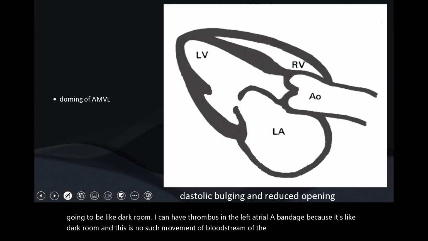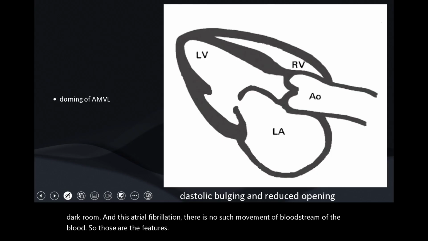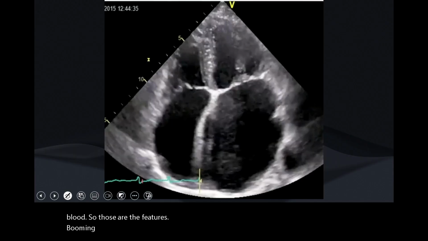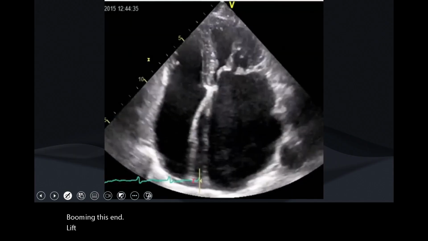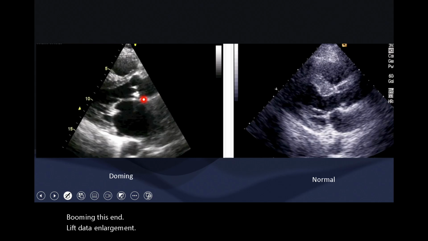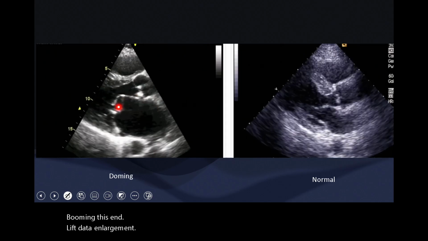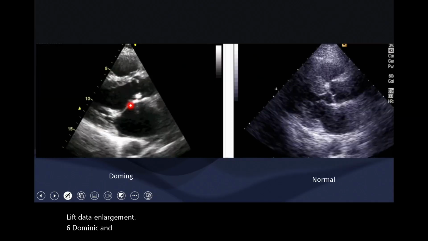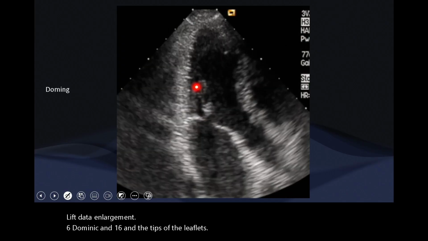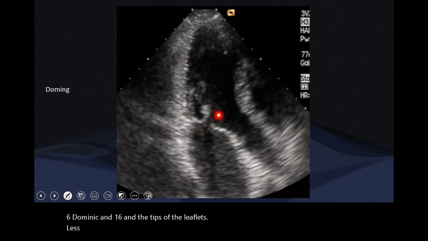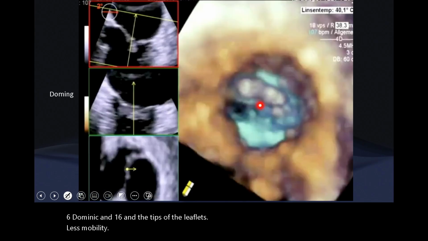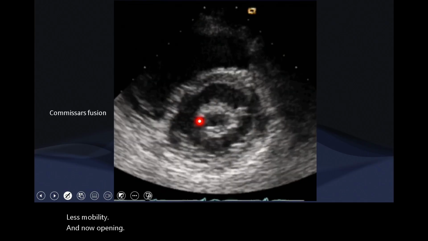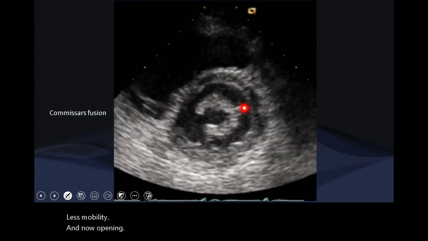So these are the features: doming, tethering, left atrial enlargement, doming and thickening in the tips of the leaflets, less mobility and narrow opening, commissure fusion.